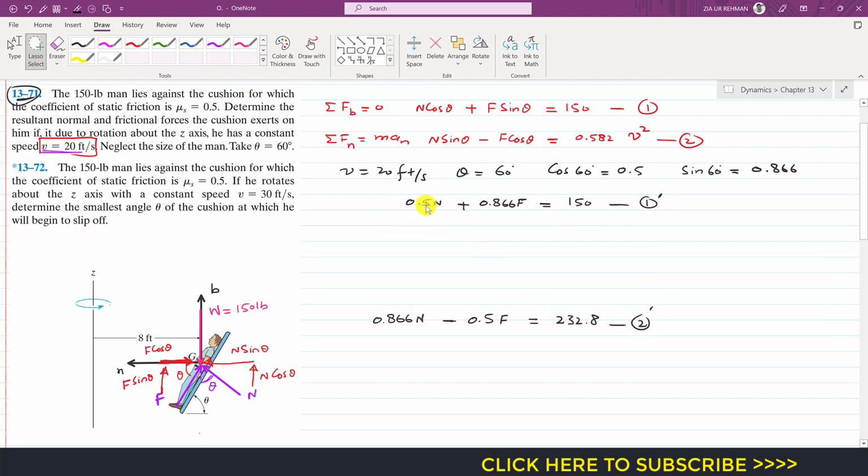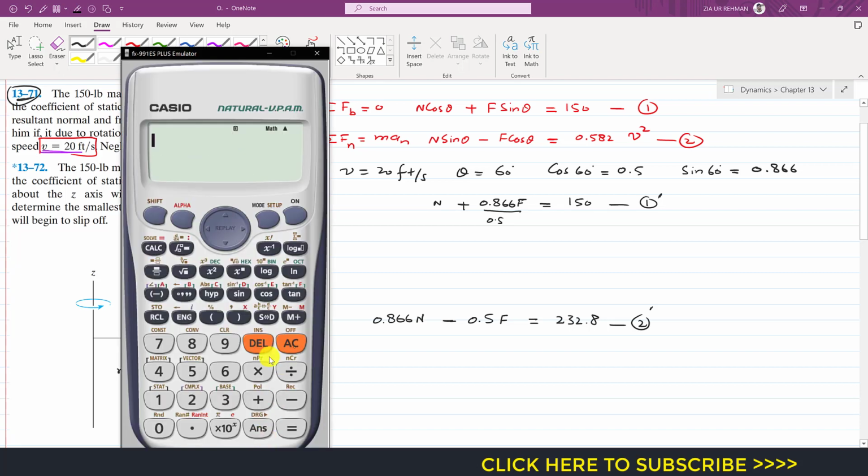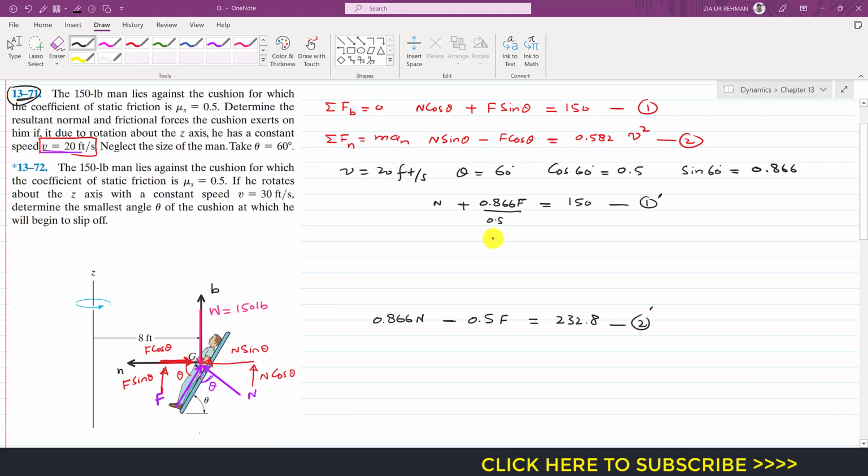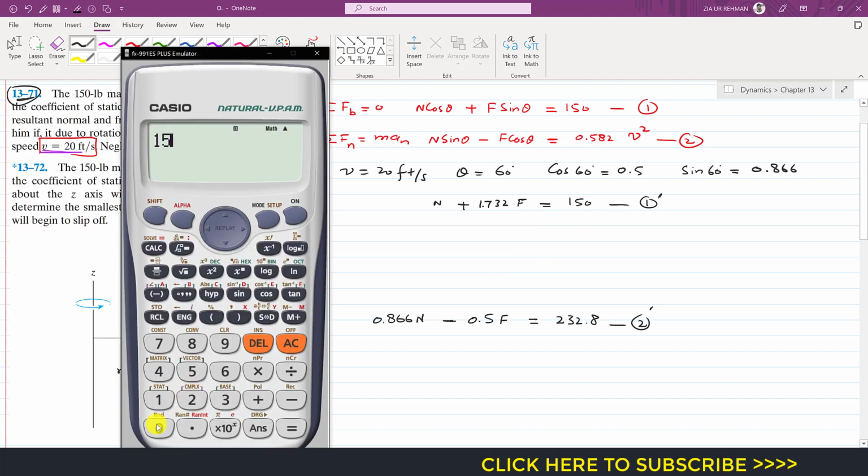So if we divide equation 1 by 0.5, this will become 1n, since 0.5 divided by 0.5 is 1, and 0.866 divided by 0.5 gives me 1.732, so this is 1.732 f, and 150 divided by 0.5 is 300.